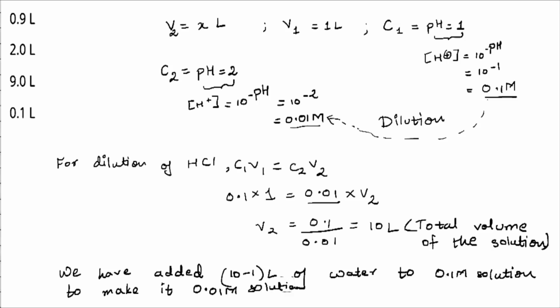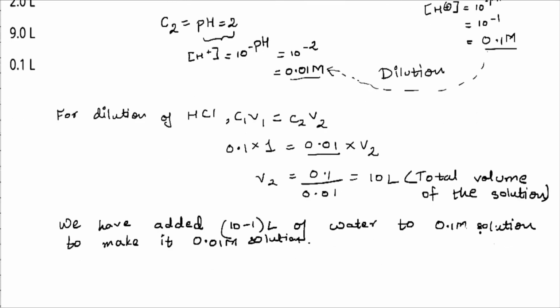So in short, the volume of water which needs to be added to 1 liter is how much? 10 minus 1, and that is 9 liters.